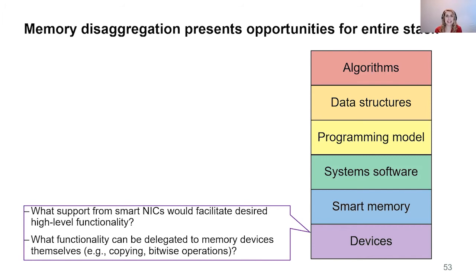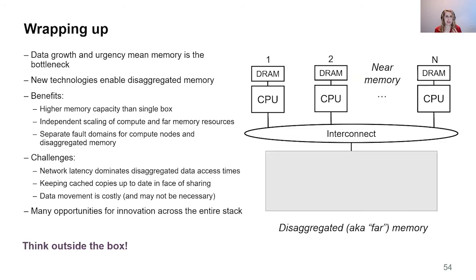Actually, this is an idea that's been around and come around again, for doing processing in memory. And so particular people have recently been looking at copying data in memory as well as doing bitwise operations. And so I think there are some interesting opportunities to figure out what additional functionality might be able to be delegated to those devices.